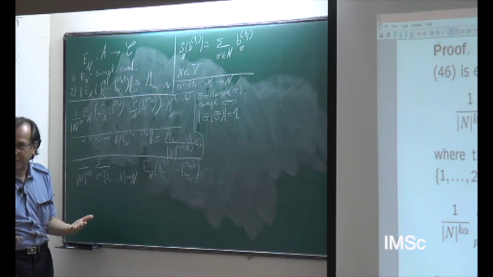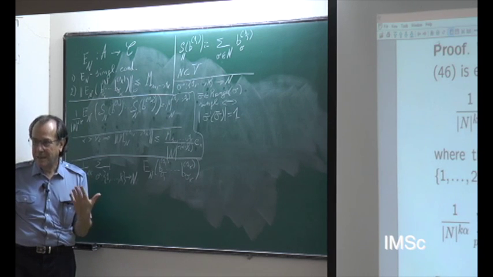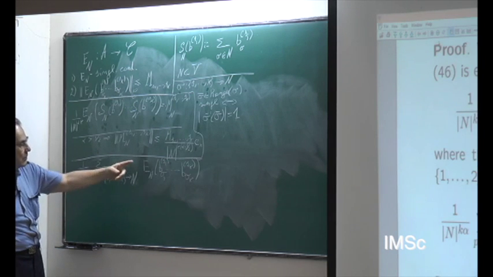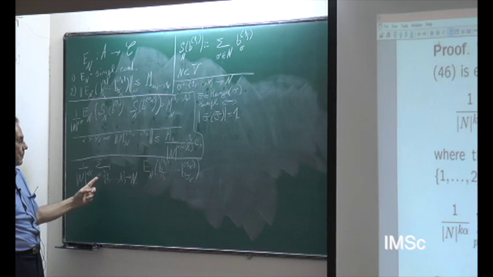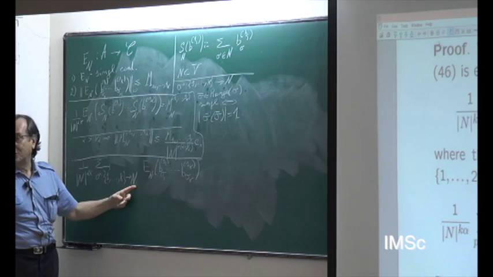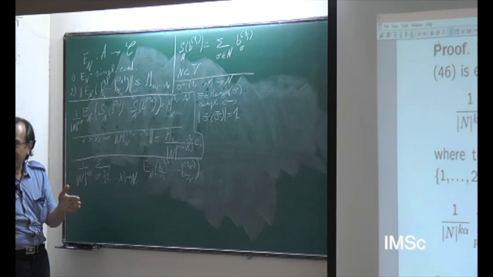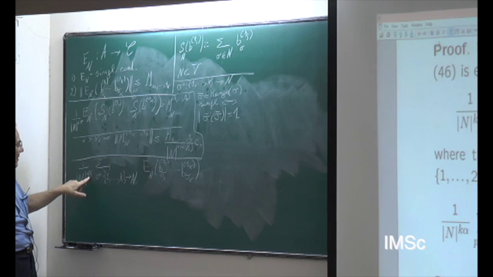That is the independence philosophy. Independence philosophy means that a priori, you have a lot of terms in this sum. How many are the terms? They are as many as the functions from 1..k to n. And how many are these functions? The cardinality of n to the power k. But here I have only n to the power alpha k. Okay?